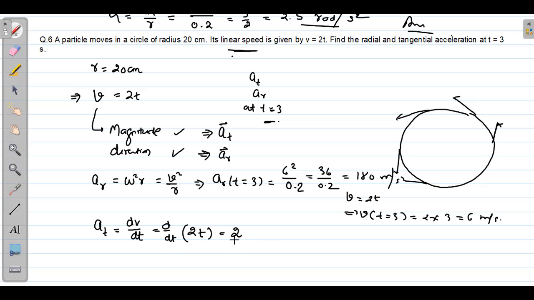There is no variable term. So this implies that at time t = 3 seconds also, it is 2 meter per second square. So finally we can say radial acceleration is 180 meter per second square and tangential acceleration is 2 meter per second square.